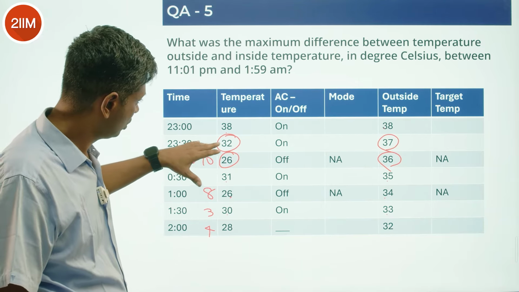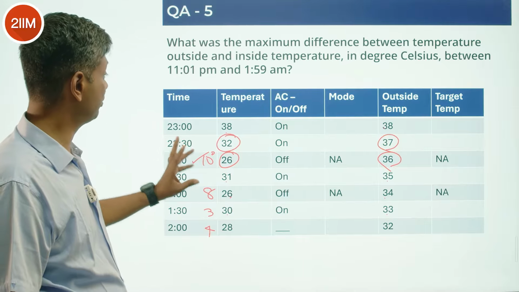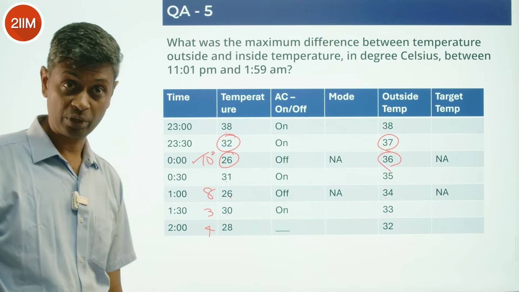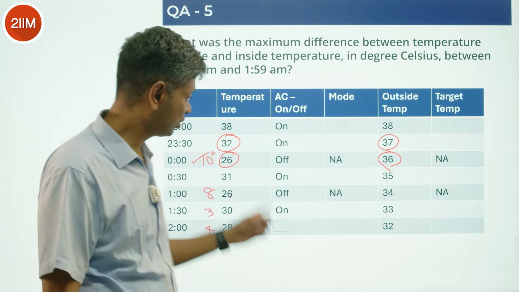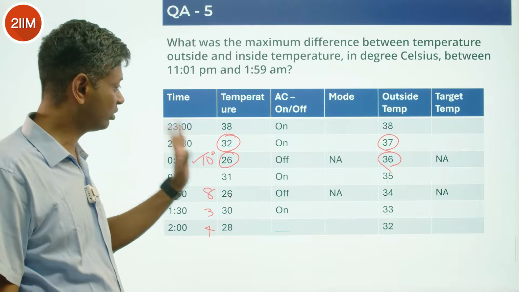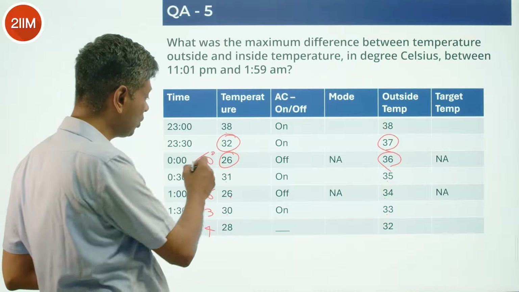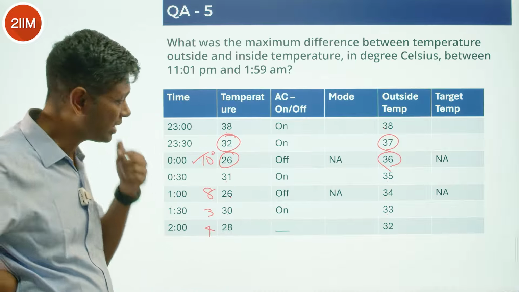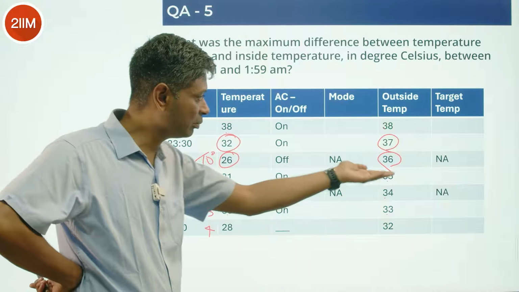So just let's say 11:55. What will be the temperature? This will be more than 26. That will be more than 36. But this is falling at a higher rate. So the maximum difference will happen when this is 26 than that. So I have to worry that at 12 o'clock the difference is 10 degrees. What happens at 11:55? This will be more than 26, this will be more than 36.